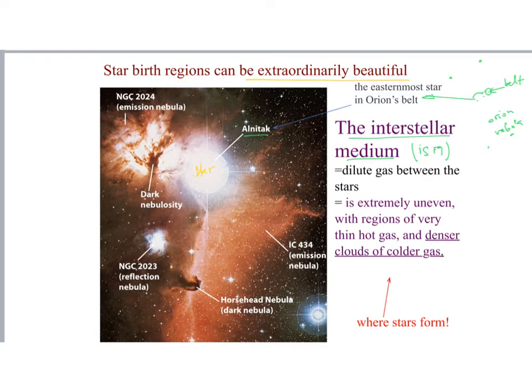But there are regions of very thin, hot gas and regions of much denser clouds of colder gas, and those are important for us because this is where the stars form. And as you will see, they look like dark regions, especially in the visible wavelength.